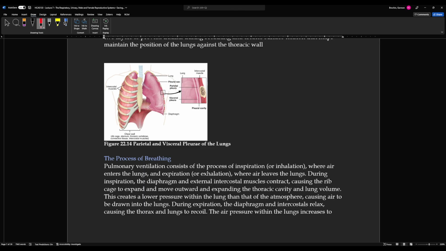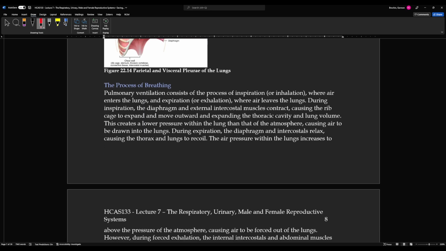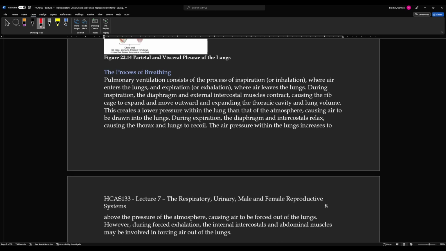When we exhale, the diaphragm actually will relax, and if we really force it, our internal intercostals will actually pull the chest down tighter. And it causes kind of a recoiling type effect, and that pushes air out of the lungs.